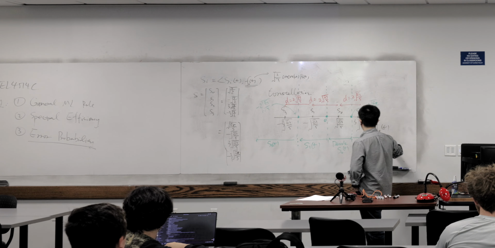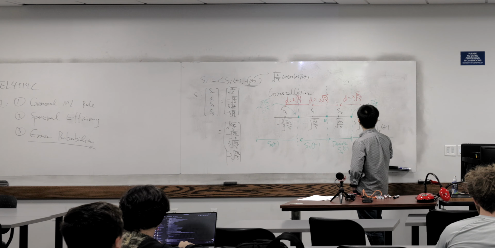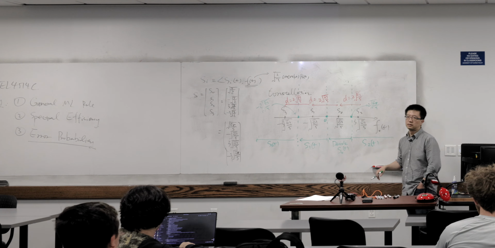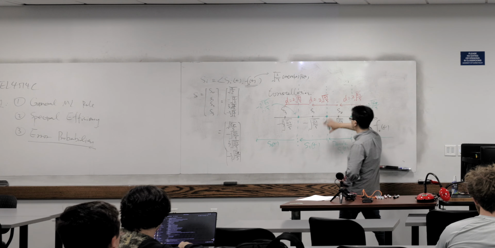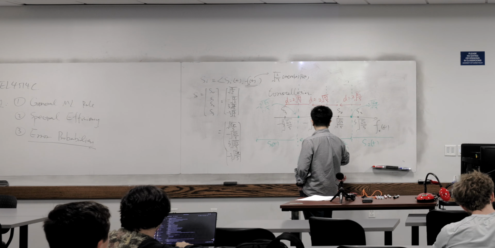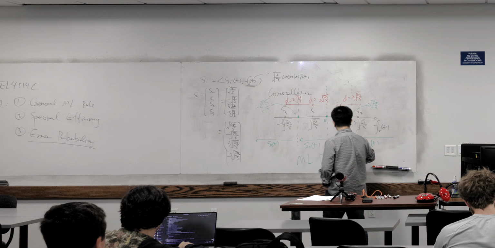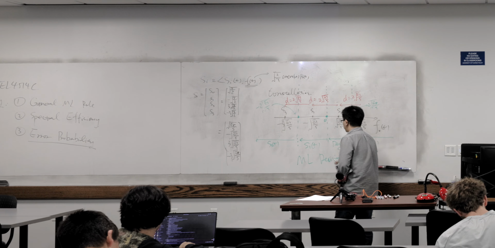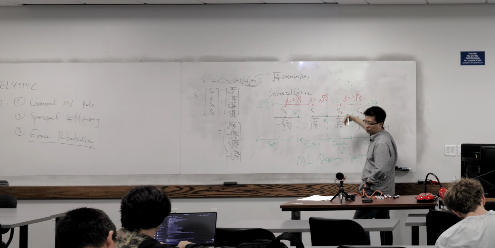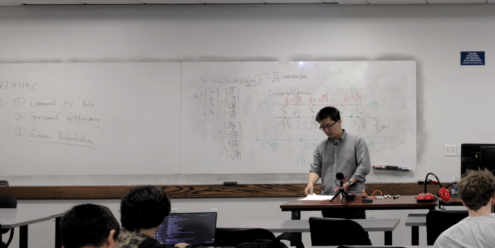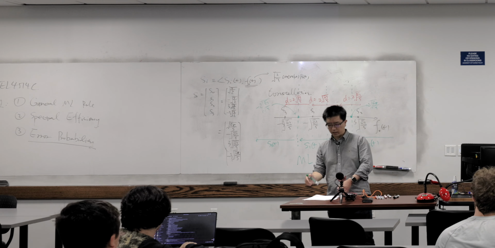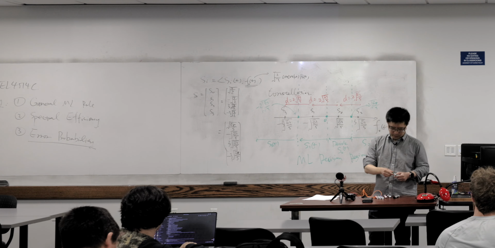And if r is in all this region, then s2(t) would be transmitted. This green is our ML decision region. Before we only had 2 of them, but now because we need to determine 4 signals and see which one is transmitted, we have 4 regions here. Okay, is that clear? Great.